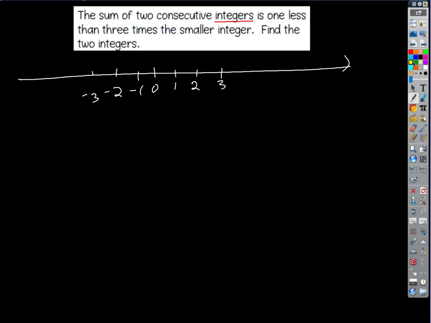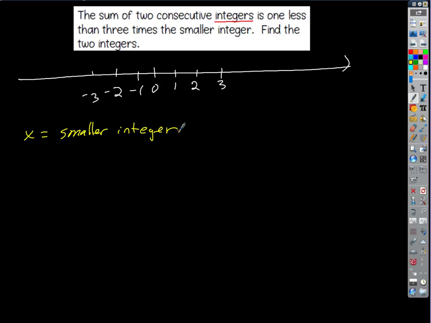That's one of the things we're trying to find. And by the way, this would work the other way too. I could let x be the larger integer also. It doesn't matter. So we're going to let x equal the smaller integer.